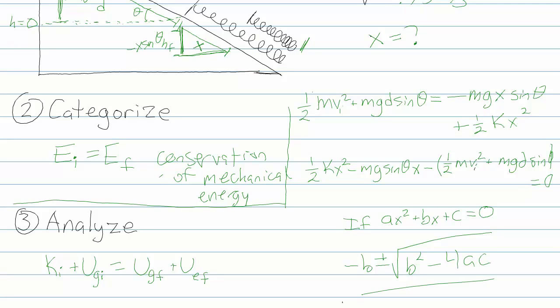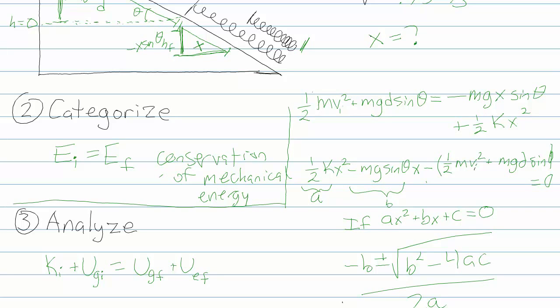It is minus b plus or minus square root of b squared minus 4ac over 2a, if it's in the standard form, a x squared plus b x plus c equals 0. We have a is 1/2 k, b is minus m g sine theta, c is minus the whole quantity, 1/2 m v i squared plus m g d sine theta.